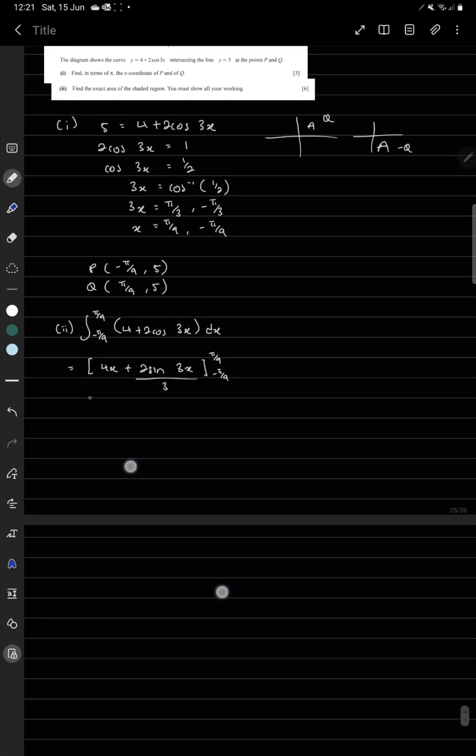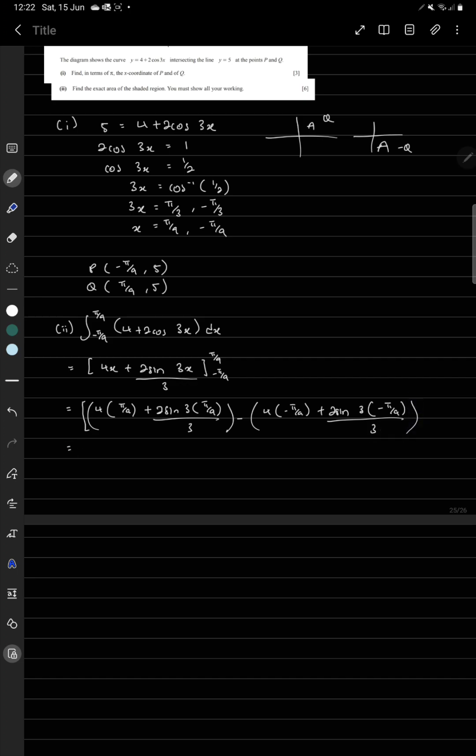Now let's move on with finding the area under this curve. So we have 4 bracket pi over 9 plus 2 sine 3 pi over 9, over 3, close bracket, minus bracket 4 negative pi over 9 plus 2 sine 3 negative pi over 9, over 3.